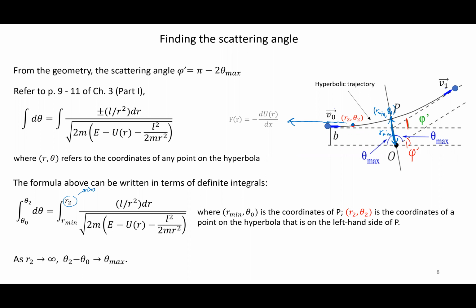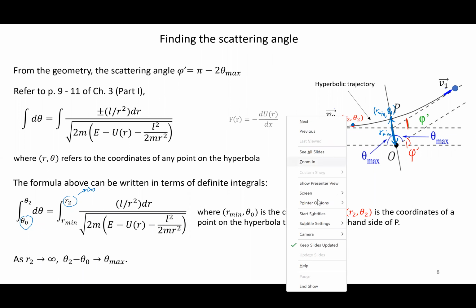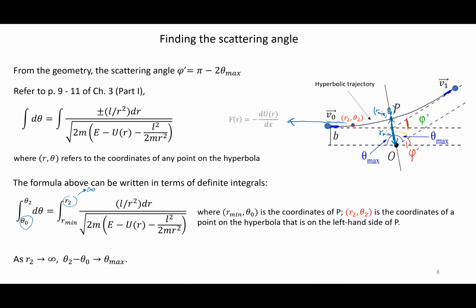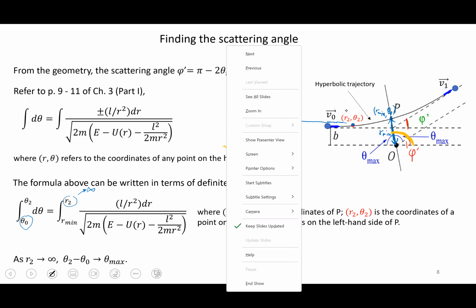So first of all, let me look at theta naught. What is theta naught? Theta naught is actually this angle over here. And now what is theta 2?